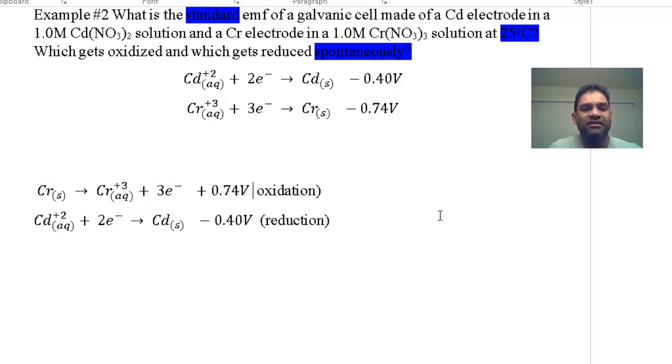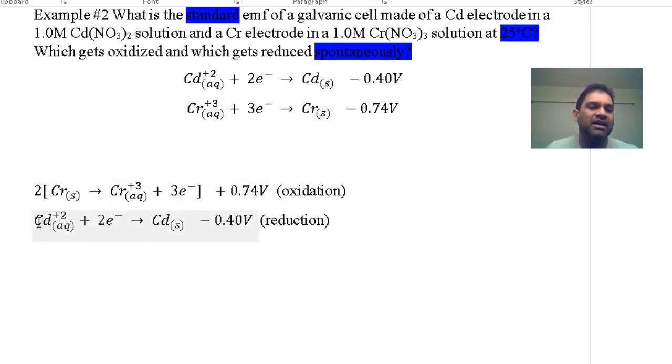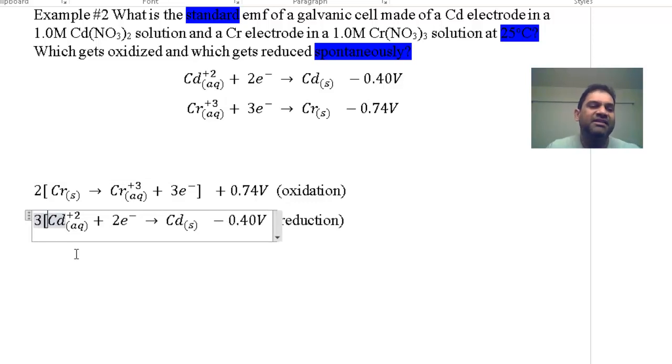It gains 2 electrons. Now we need to cancel out the electrons, so I'm going to multiply this top half reaction by 2. And remember, this still remains 0.74 volts even though I multiplied this whole thing by 2. I'm going to multiply this bottom reaction by 3. The impetus behind this is to cancel out my free electrons.